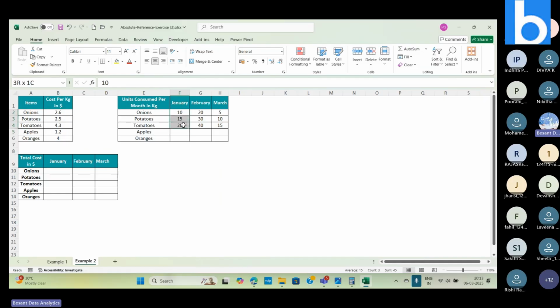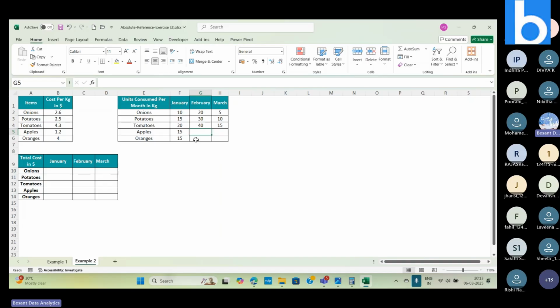Now if I take the average of these three values, it shows 15. I can provide 15 and 15 here. Similarly, for this it's 30, and for the next it's 10. In this scenario, your median value and average value are the same.